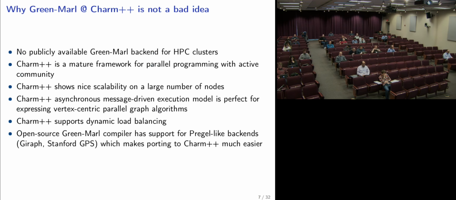Why I thought that implementing Green-Marl on Charm++ is not a bad idea. First of all, I haven't found a Green-Marl backend for HPC clusters. For distributed systems, as I said, there were such backends, but for HPC not. Also, Charm++ is a mature framework for parallel programming with an active community. As we all know, Charm++ shows nice scalability on a large number of nodes.